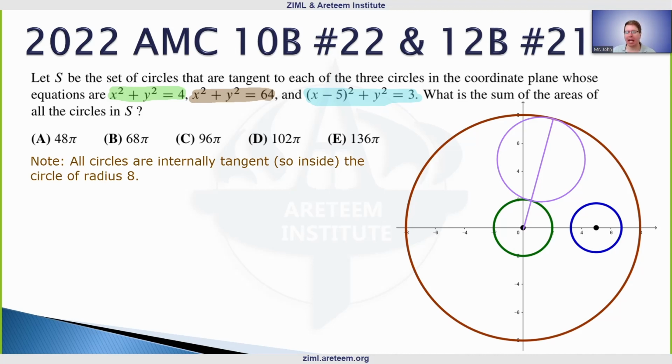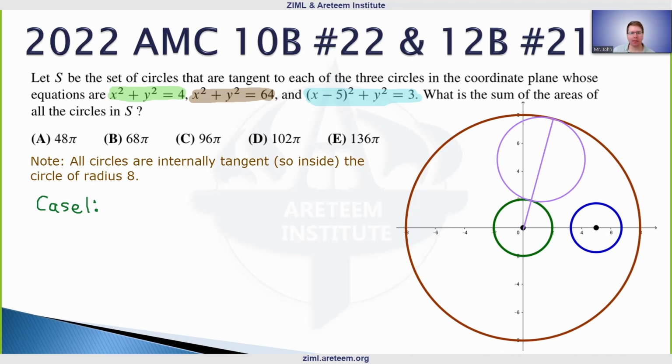So we have 2 natural cases here. Let me label these as cases. So case 1: I'm not going to verbally label this with the internally, externally stuff, but this would be internally tangent to the brown circle, externally tangent to the green circle.